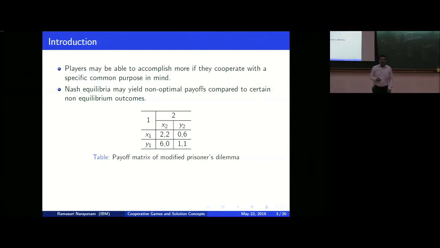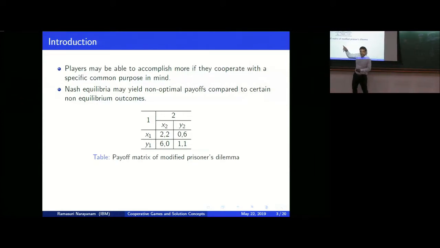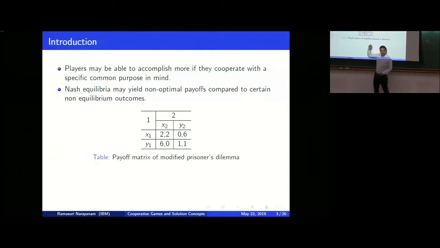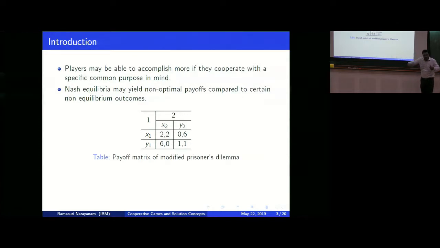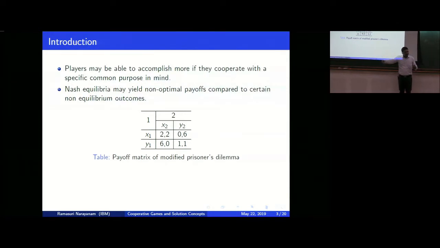Then you can immediately ask, oh, what is happening? Why only sometimes? They ended up playing this strategy only sometimes. Why is that? Can anyone tell? Suppose the repetition is going on, and in this particular round, both players played this strategy.